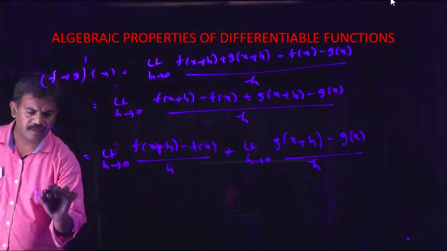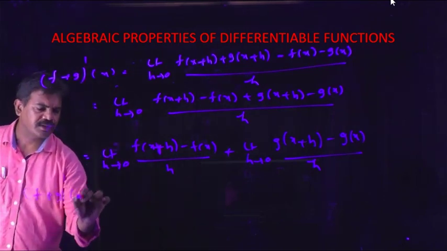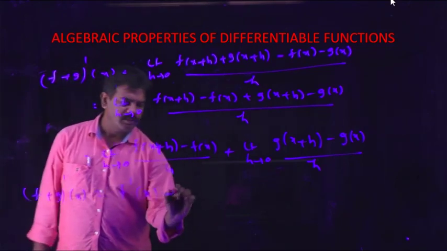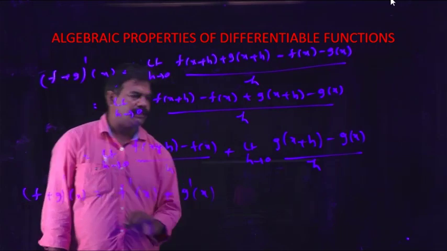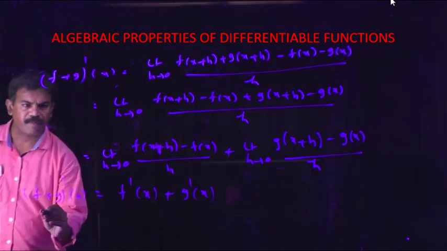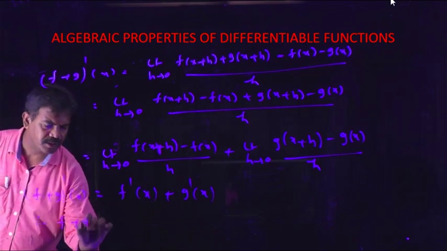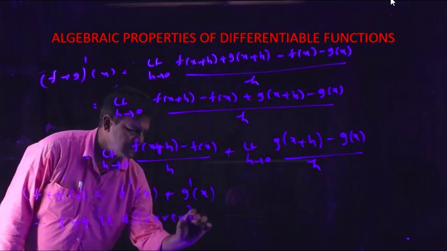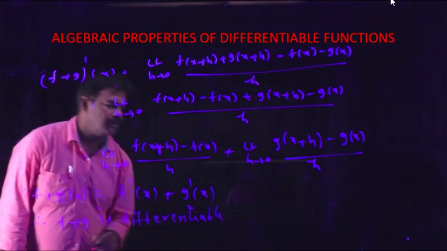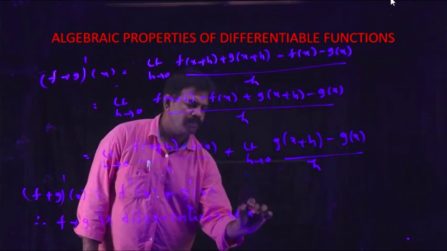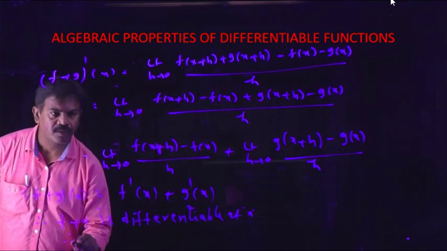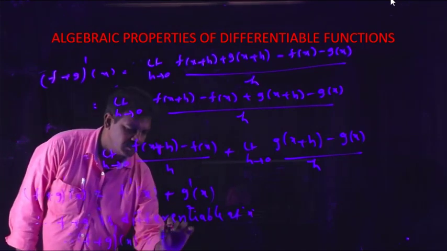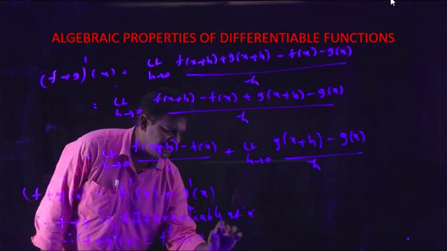You know that already, this is f dash x plus g dash x. Therefore, f plus g is differentiable at x. Therefore, (f plus g) dash of x is equal to f dash x plus g dash x.